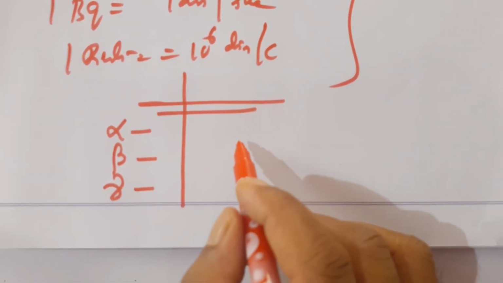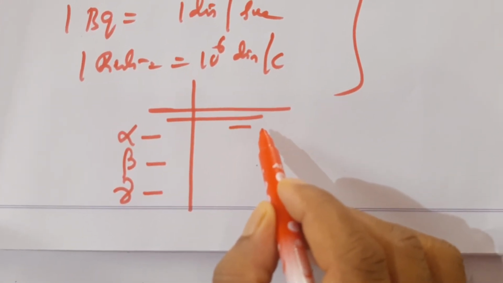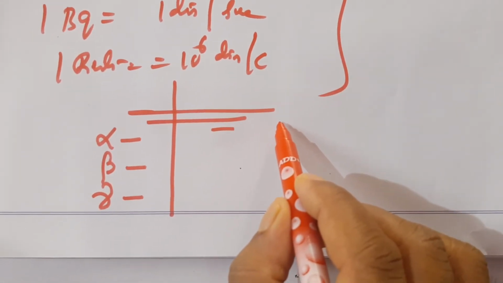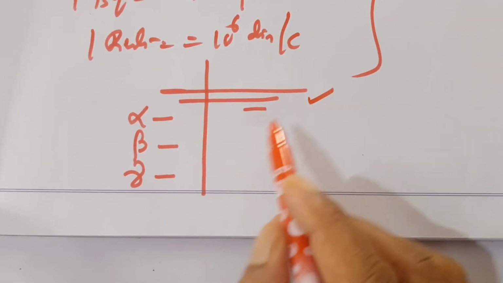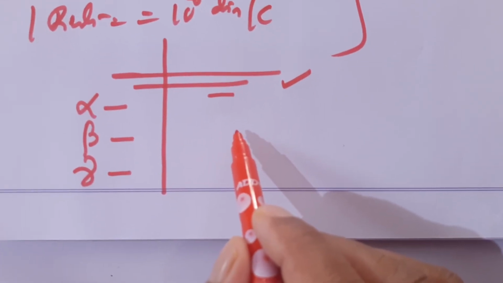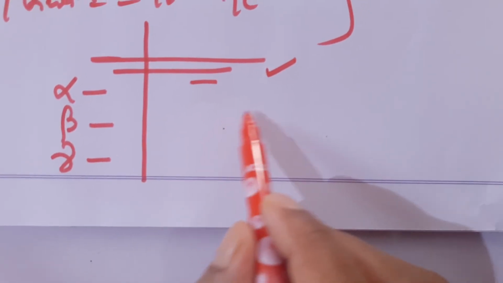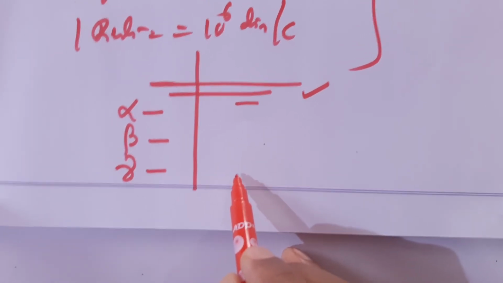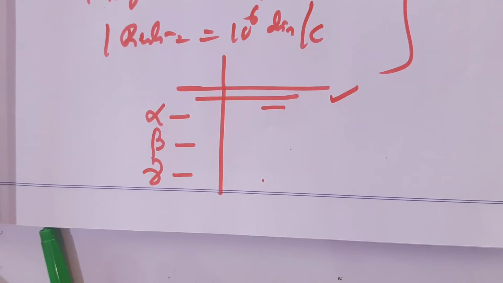When an alpha particle is emitted from the radioactive substance, the atomic number decreases by 2 units and the mass number decreases by 4 units. If a beta particle is emitted, the atomic number increases by 1 unit and the mass number doesn't change in the case of beta minus. In the case of gamma radiation, there will be no change in atomic number as well as mass number.